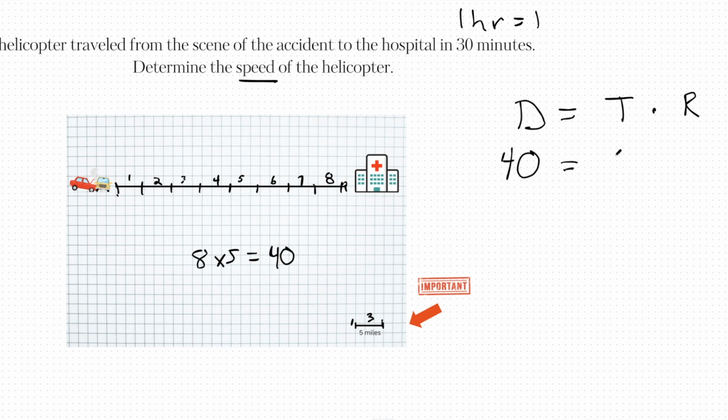So we're going to say 1/2 times r. The question is 40 equals 1/2 times what? I'm going to multiply both sides by 2 to get r. When I do that, r equals 80. So that means the rate would be 80 miles per hour.